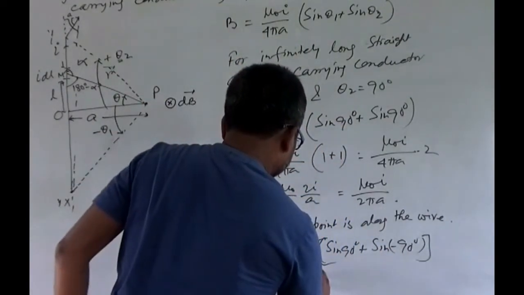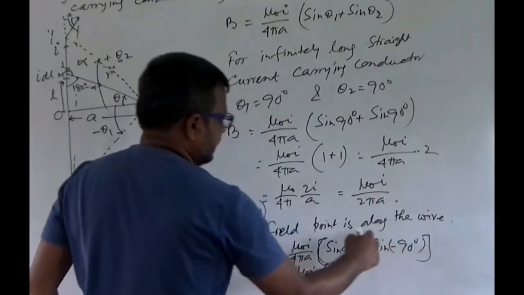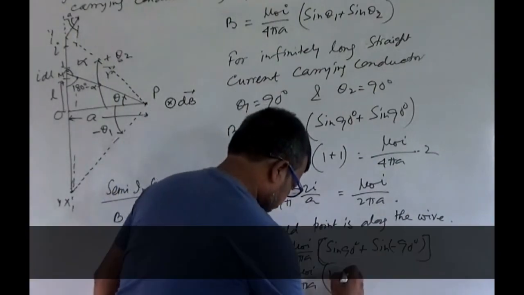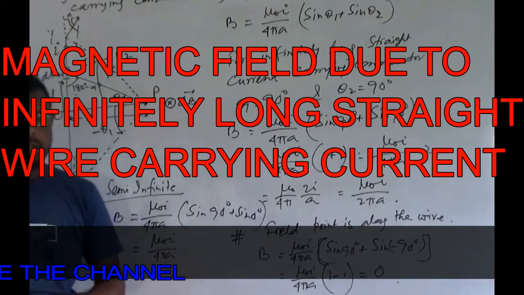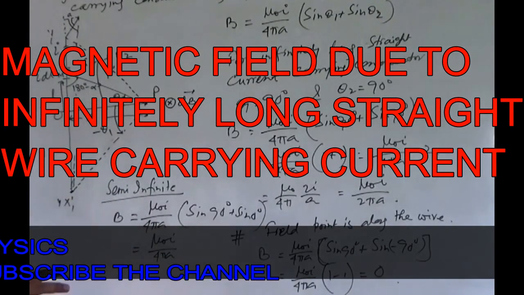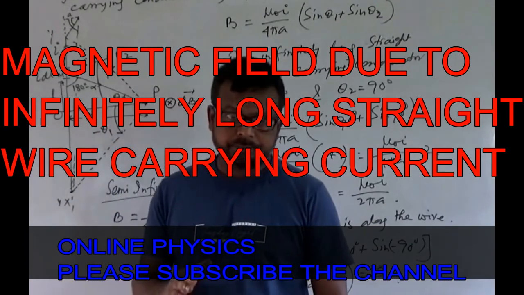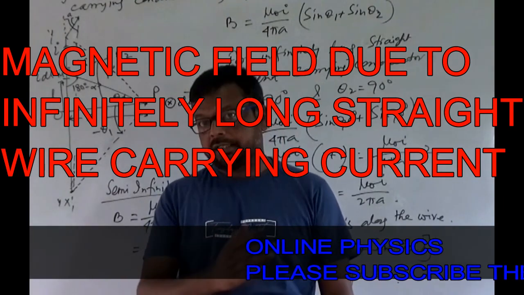That means mu naught I by 4 pi, this is 1, and sin of minus 90 degrees is equal to minus sin 90 degrees, that means minus 1. 1 minus 1 is equal to 0. That is, the magnetic field due to a straight current carrying conductor at a point on the line joining the conductor will be 0.